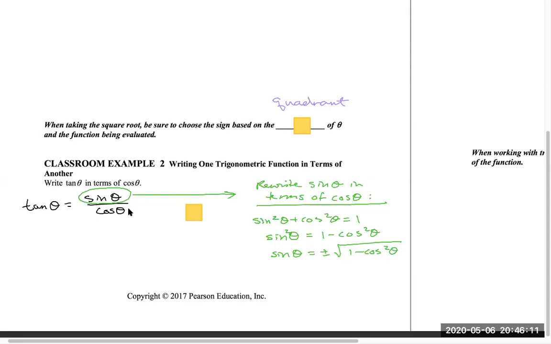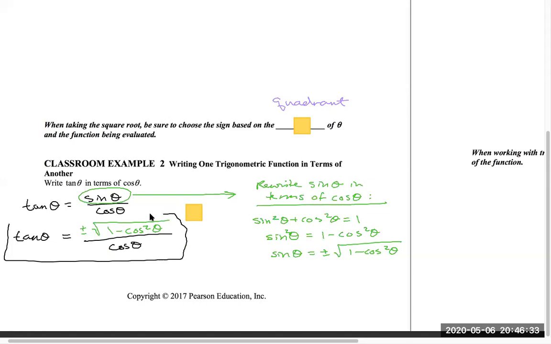So now, wherever we saw sine theta, we're going to replace it with all the stuff on the right here, including the plus minus. So now we have tangent theta in cosine terms only. So this one is actually an important one to know how to do because I believe I asked something similar to you on a quiz.